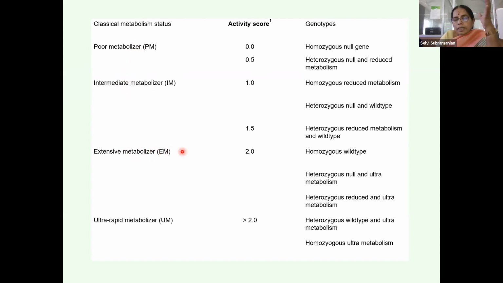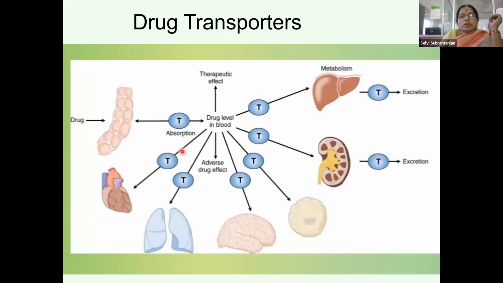So these are the high variations present between two individuals. The next category of proteins or genes involved in drug response is transporters. When a drug enters the body, only through transporters is it absorbed into the blood and transported to other organs.